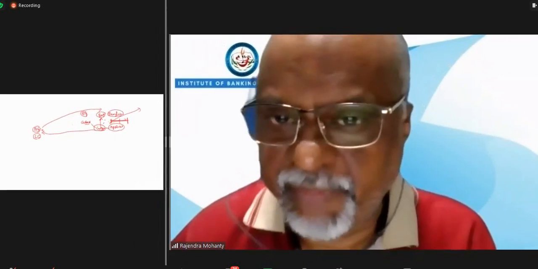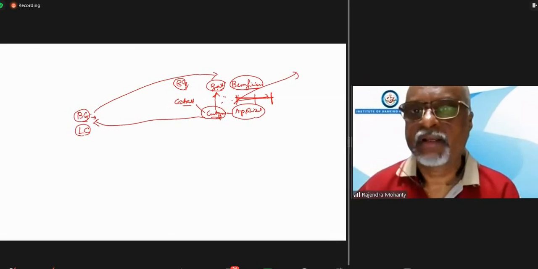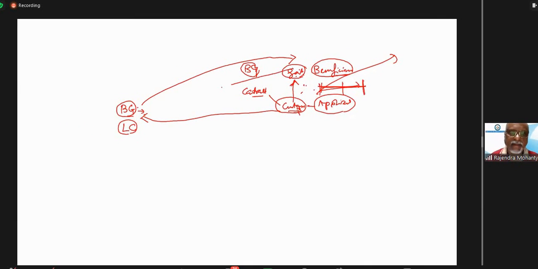If there is a default by the customer, the government will come to the bank and say: you issued a bank guarantee, now the customer has run away, so pay me the money. Where will the bank pay from? It is only paper. A bank guarantee is a paper guarantee letter that in case the customer defaults, I will pay you the amount. That is the promise given in the bank guarantee to the government.